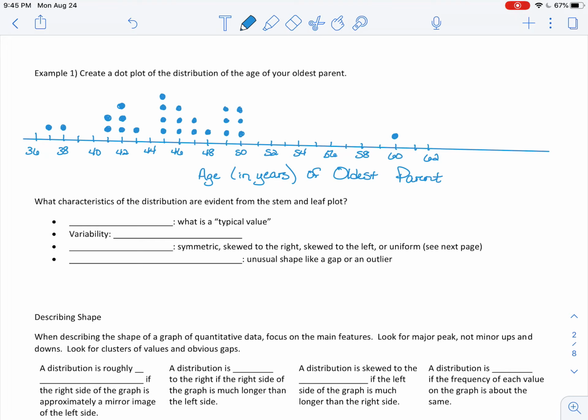One 51 and 3 52s. Two 53s, 2 55s. 54. 57 and a 60.